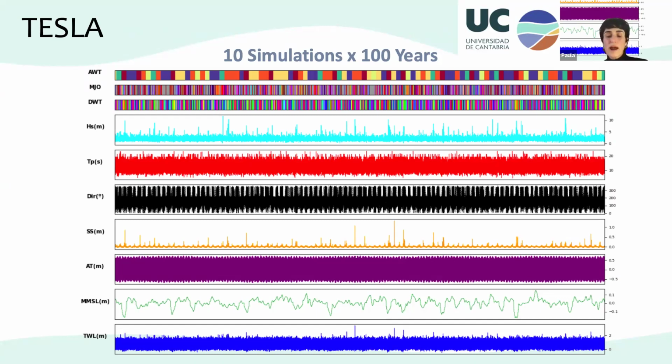So in the end, we are able to generate synthetic events where these local dynamics are dependent between them, and also dependent on the climate, at different scales of time and space.